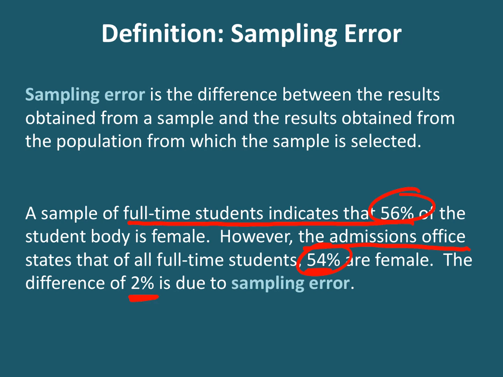So imagine you're out on the campus and you're trying to survey all the students that you can. By the way, to know which students are female, you need to know also which ones are male. So if 56%, according to your survey, are female, and then you compare it to the actual admissions office, who has all these students' information on hand, you can see in this case you get a 2% sampling error.